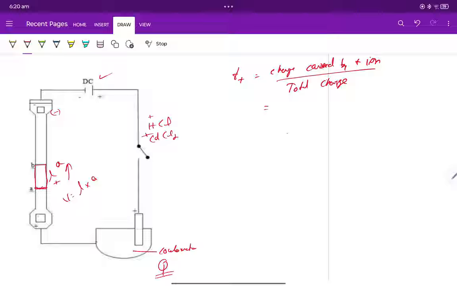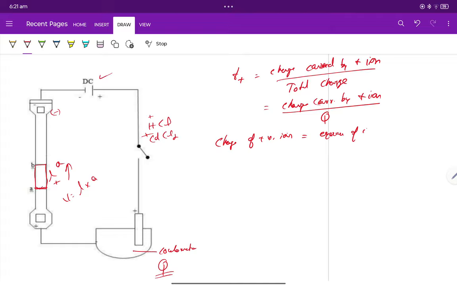So this can be given as charge carried by the positive ion divided by Q. Now we have to determine the charge carried by the positive ion. The charge of positive ions will be equal to the equivalents of ions multiplied by the Faraday.